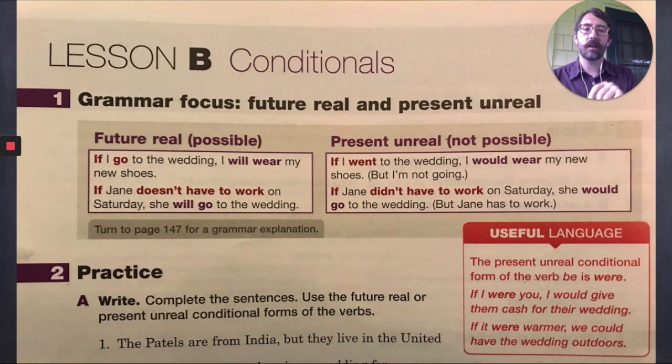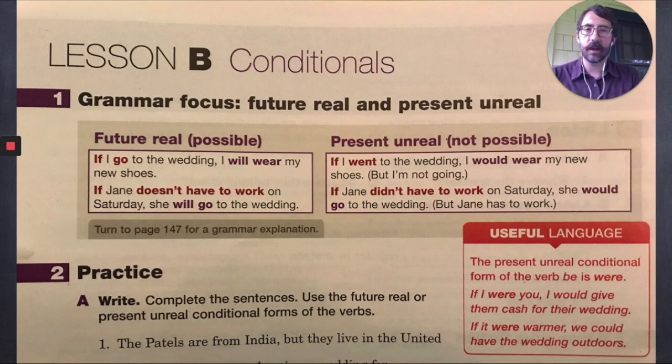And so if Jane didn't have to work on Saturday, she would go to the wedding. But Jane has to work, so it's not possible for her to go. So we use the present unreal. And because we're using not, we're using did, which shows past. And the verb stays the same, have to work.